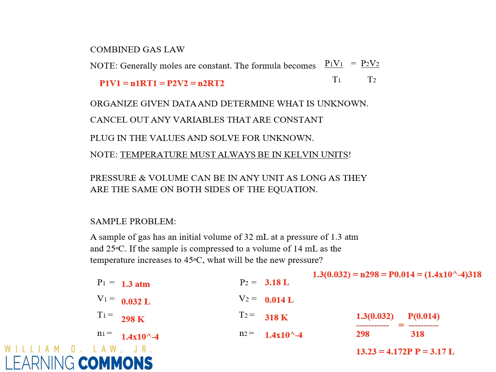If you read this example, a sample of gas has initial volume, volume 1, pressure 1, and 25 Celsius, temperature 1. If the sample is compressed to volume 2, as the temperature increases to temperature 2, what will be the new pressure?